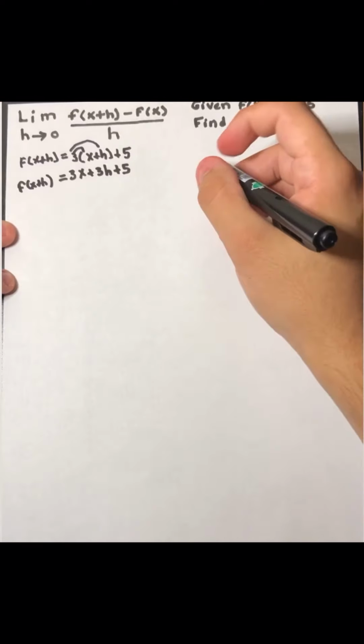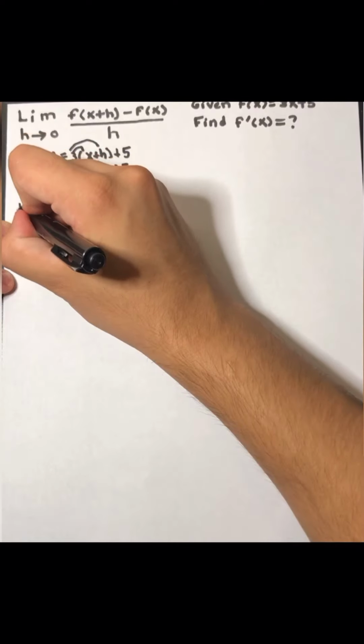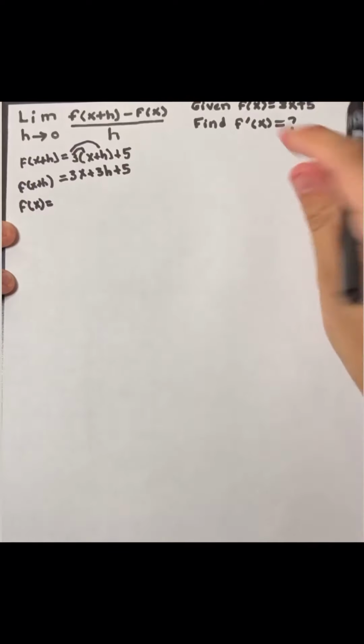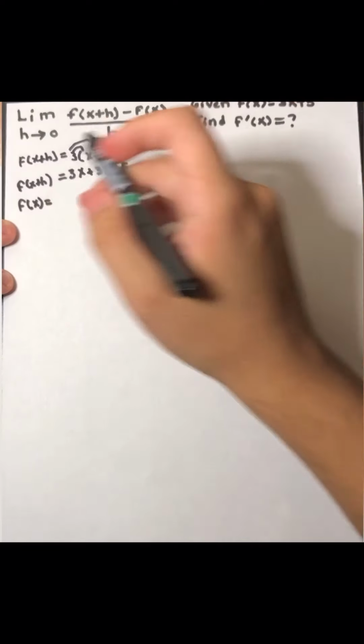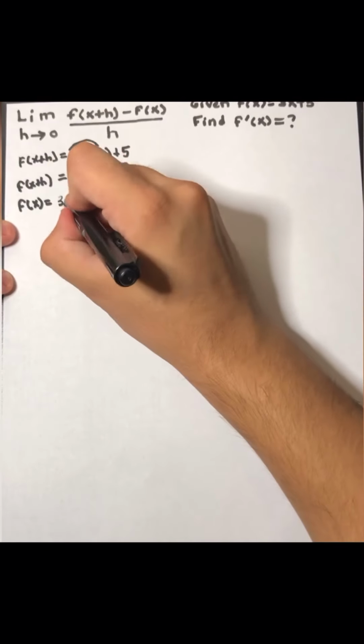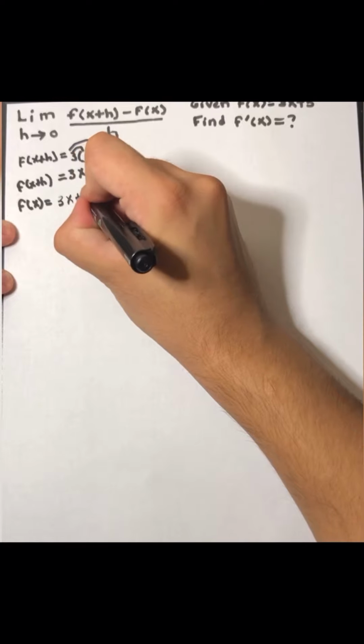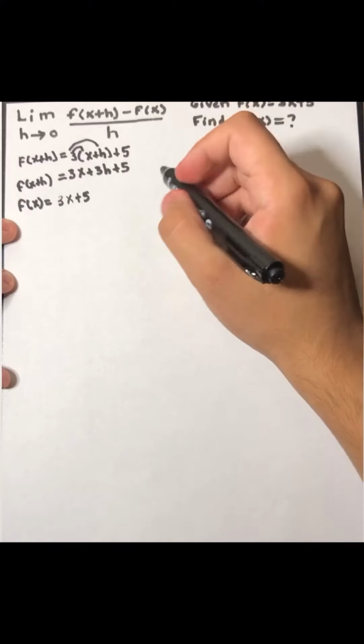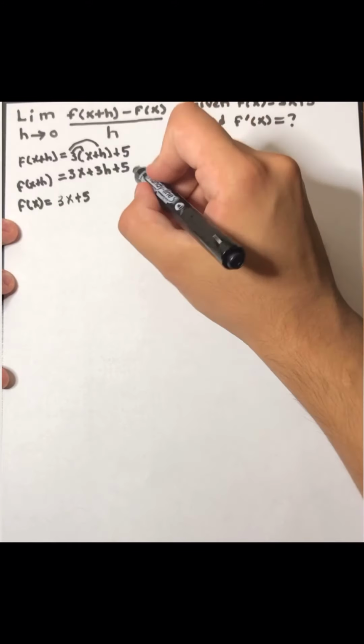Now we also know our function is f of x equals 3x plus 5, so we're just going to put here 3x plus 5. So we're going to write down our formula that we have up here.